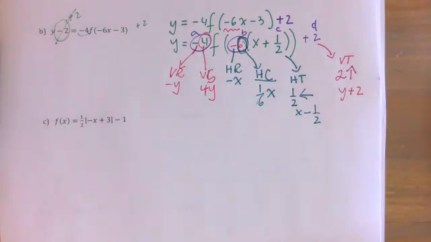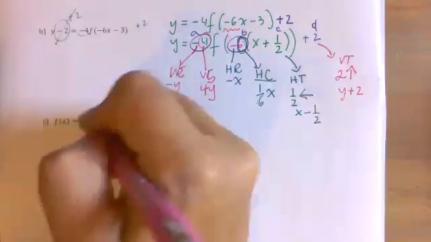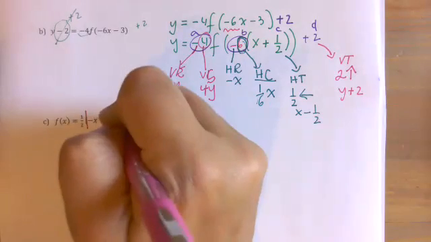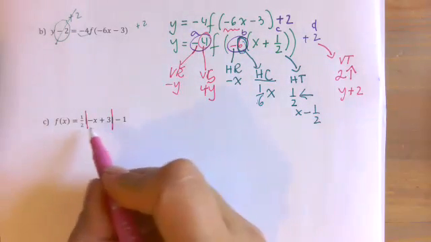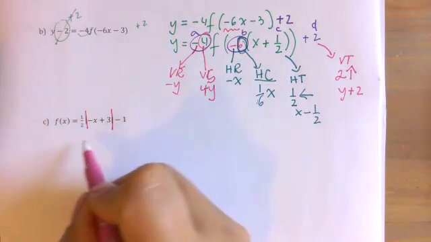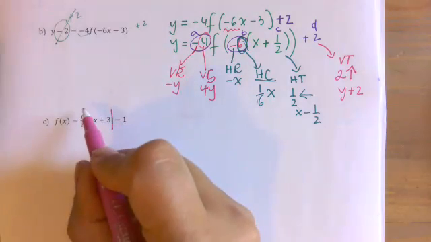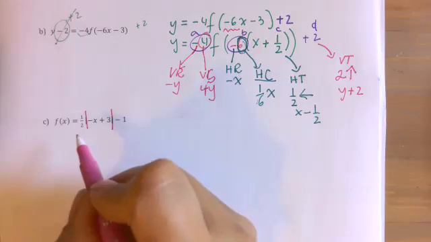Okay, so last one, f of x equals 1/2 absolute value of negative x plus 3, close the absolute value sign, minus 1. So now here we have not f of g of, we have the actual function. If this bothers you, you can replace the actual function with the function notation.